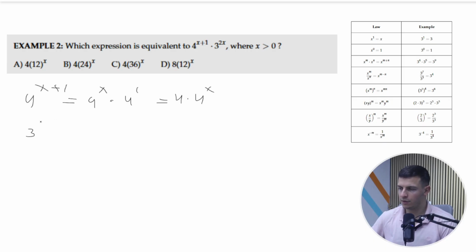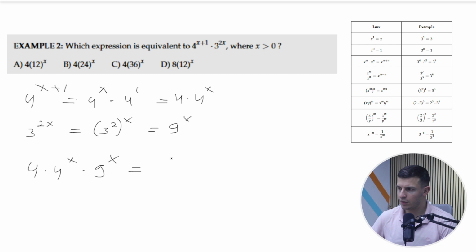Now 3 to the power of 2x can also be written as 9 to the power of x. Fair enough? So our expression becomes 4 times 4 to the power of x times 9 to the power of x, right?